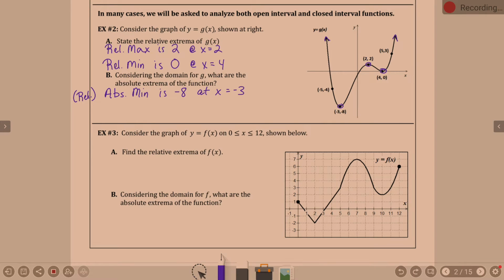If both pieces are going up and away, remember talking about bounded versus unbounded? This is unbounded above. Okay, so I'm going to put here absolute max does not exist because, what is this graph?